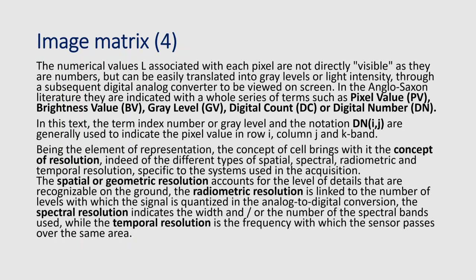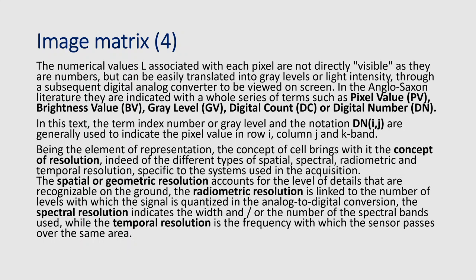Being the element of representation, the concept of cell brings with it the concept of resolution. Indeed, of the different types of spatial, spectral, radiometric and temporal resolution specific to the systems used in the acquisition. The spatial or geometric resolution accounts for the level of details that are recognizable on the ground.